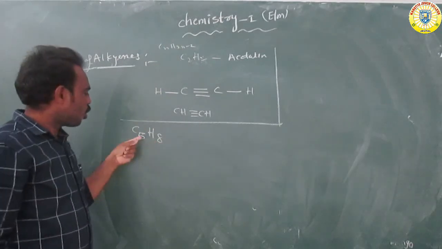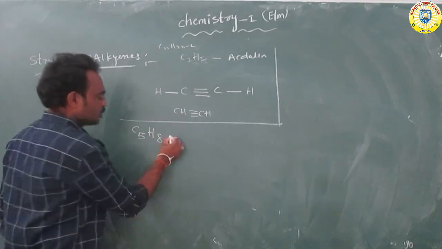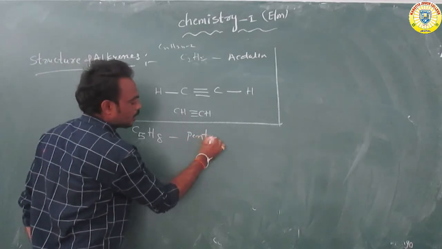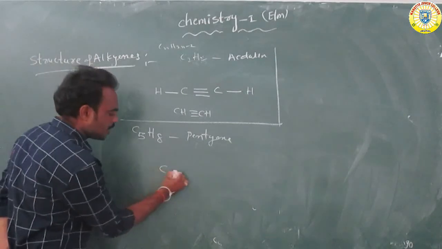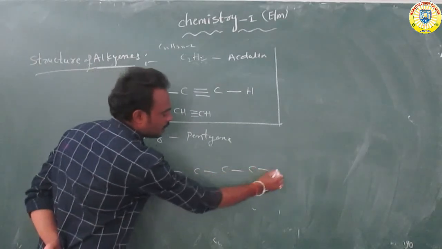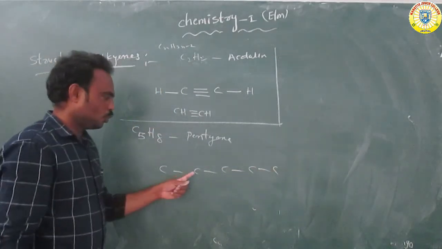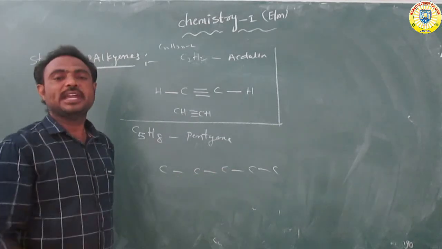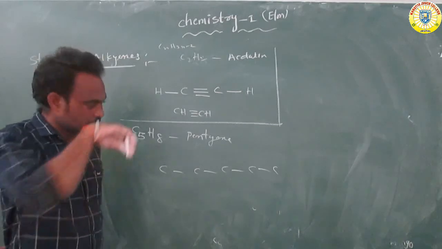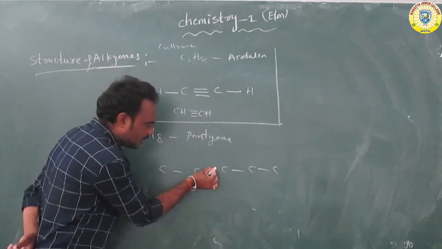How many carbons? 5 carbons. First we write the carbons: carbon, bond, carbon, bond, carbon, bond, carbon, 1, 2, 3, 4, 5. Okay, we write the triple bond at any place. Suppose we write it at this place.